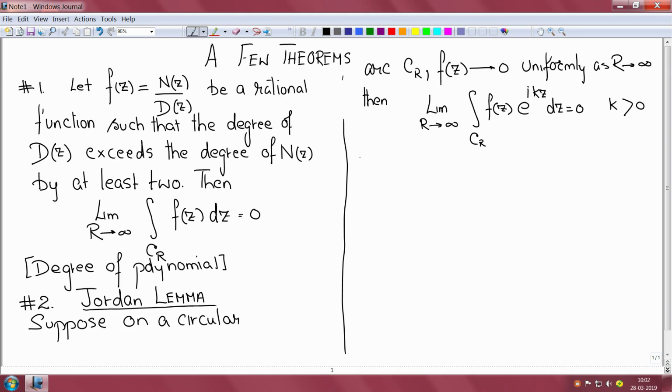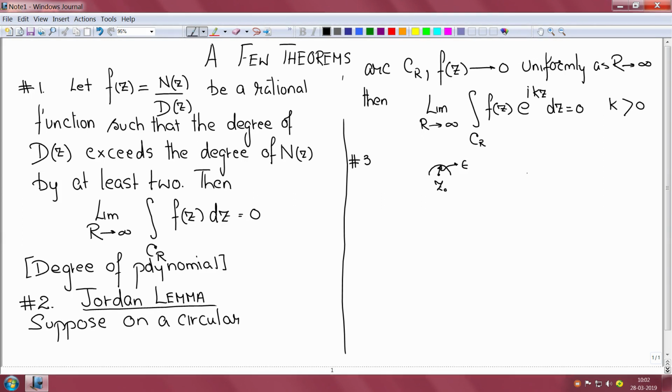Next, very often we will be moving around a point z0 using an arc which has a very small radius epsilon.